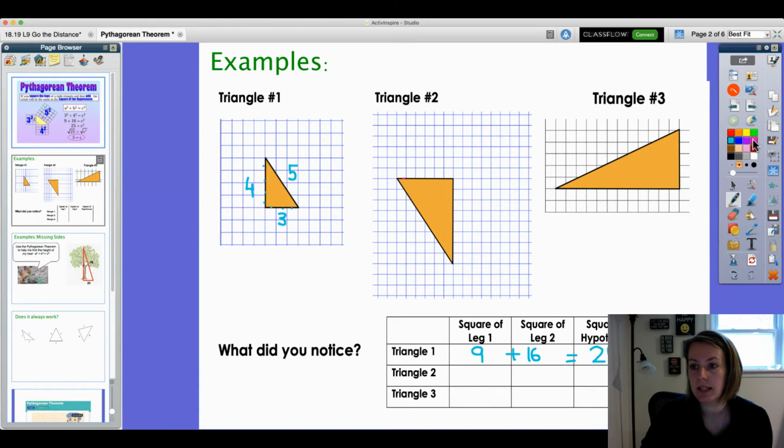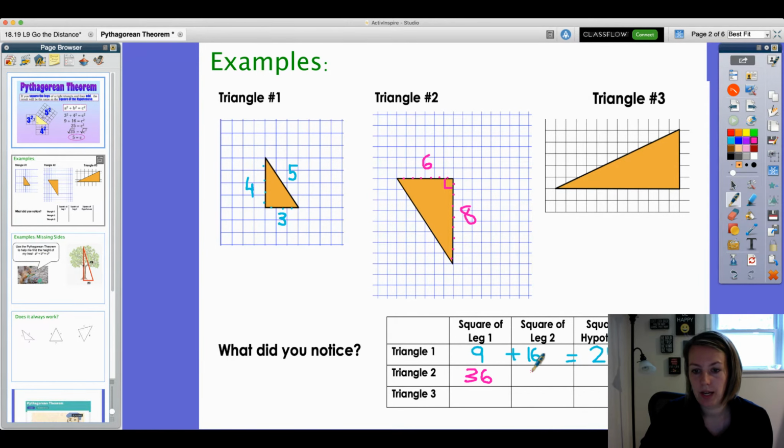Now let's look at the second triangle. This one is a little bit differently placed, so you have to make sure you know where the right angle is, which is right here. So if I count my boxes, it's 1, 2, 3, 4, 5, 6. So if I square 6, I'm going to get 36. And then right here, my other leg is 1, 2, 3, 4, 5, 6, 7, 8.